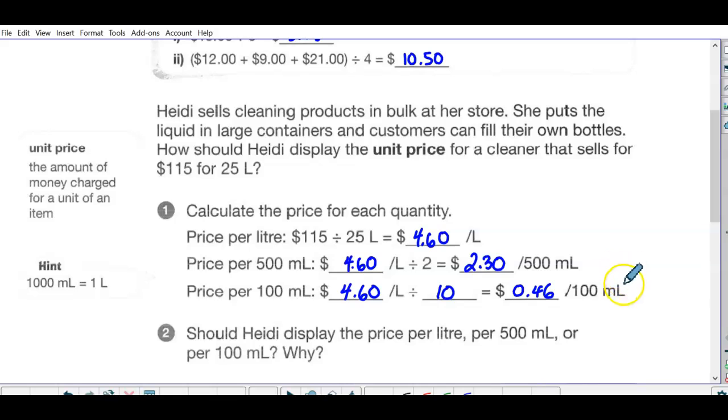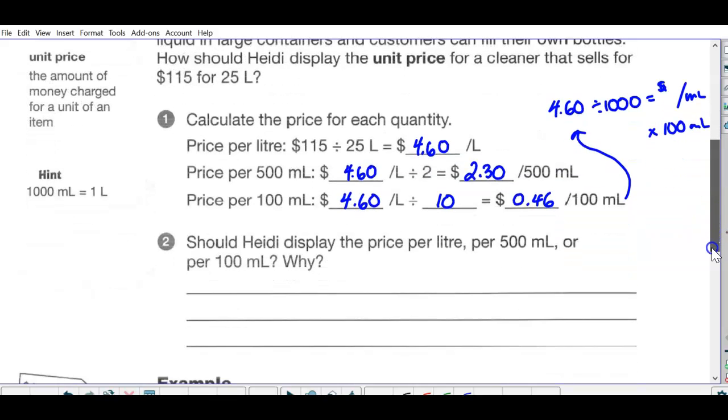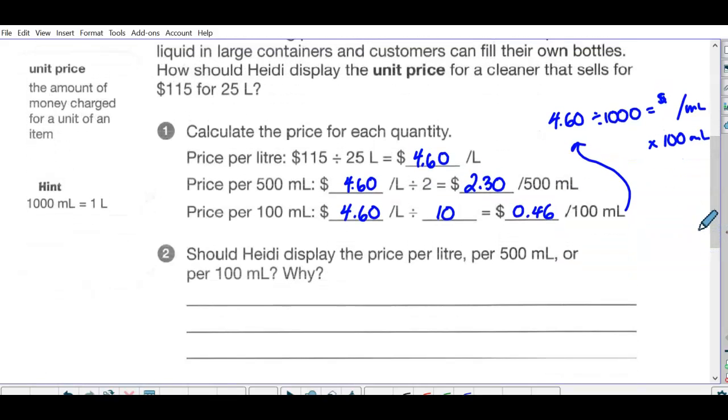What you could also do is take $4.60, then divide by 1,000. That will give you the price for 1 milliliter, and then you would multiply by 100 milliliters. Either way.